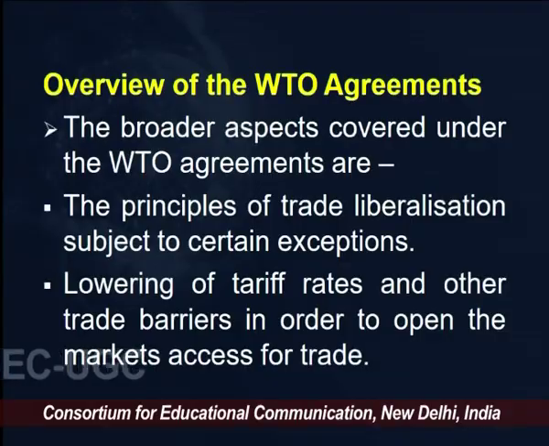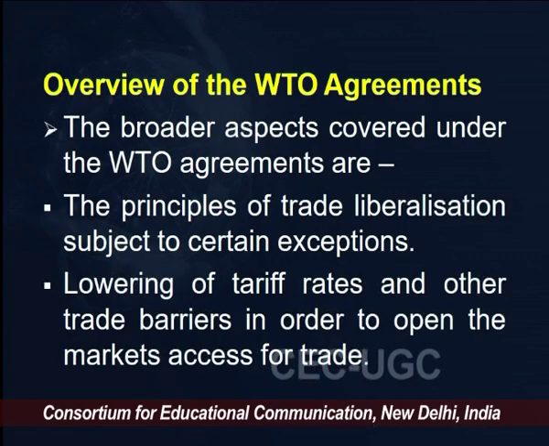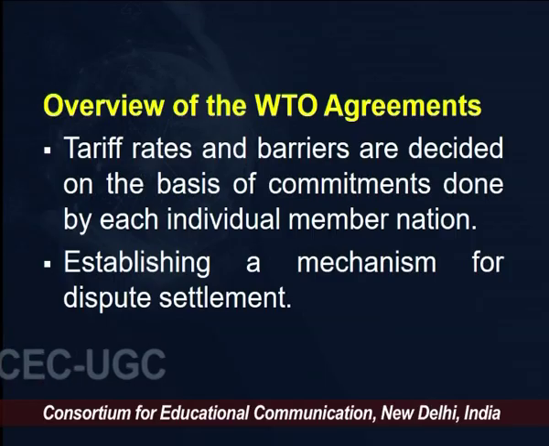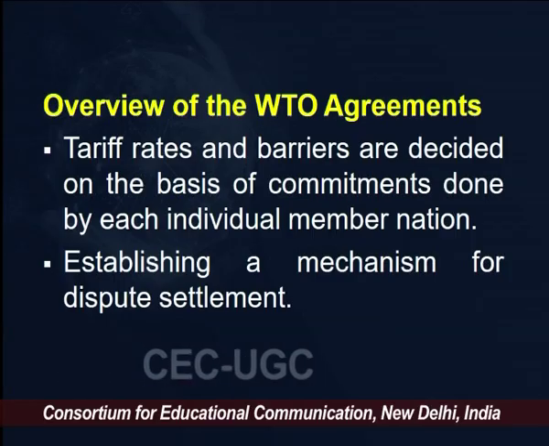So, the broader aspects covered under the WTO agreements are the principles of trade liberalization subject to certain exceptions, lowering of tariff rates and other trade barriers in order to open the market access for trade. Tariff rates and barriers are decided on the basis of commitments made by each individual member nation.